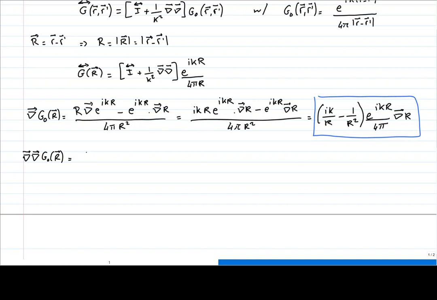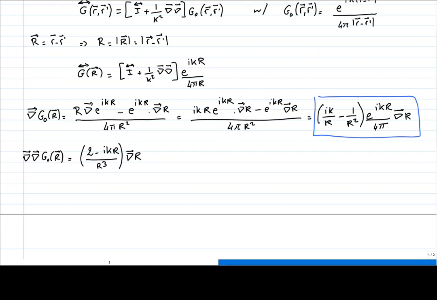Let's take the gradient of the parentheses first. You can put the ik over r minus 1 over r squared on a common denominator, then take the derivative with respect to r, and you should be left with 2 minus ikr over r cubed, gradient of r.